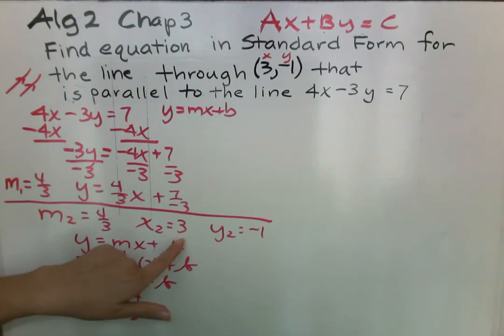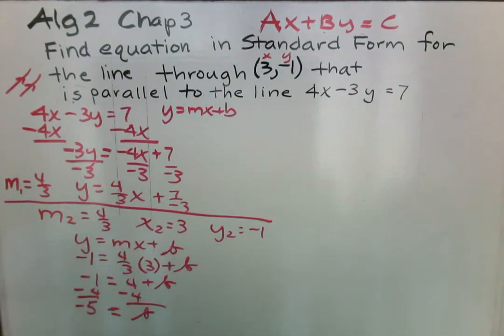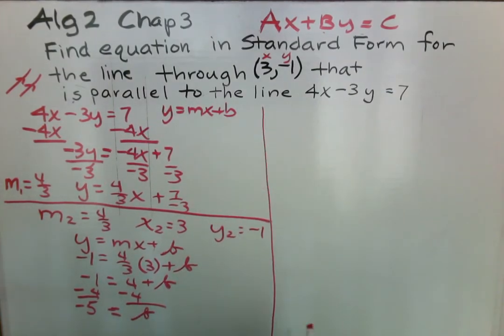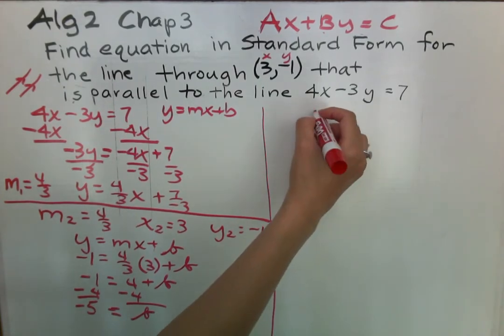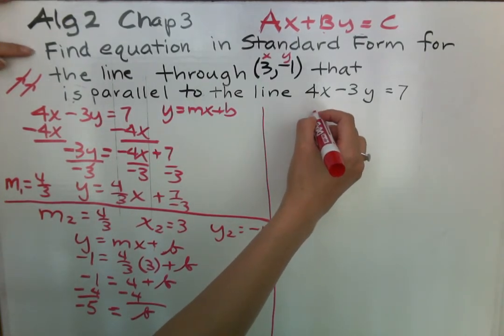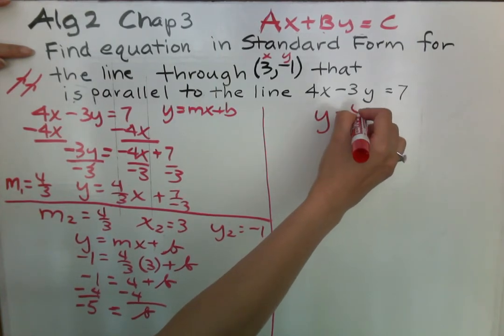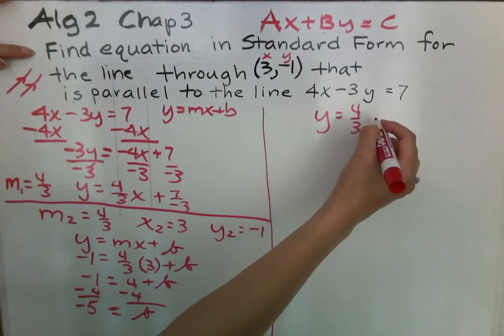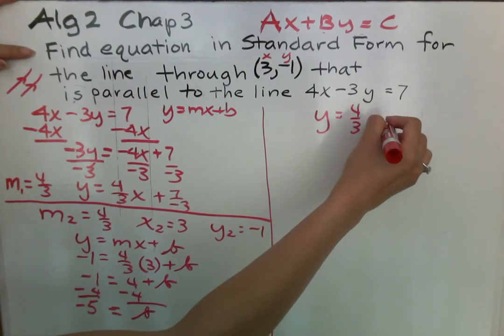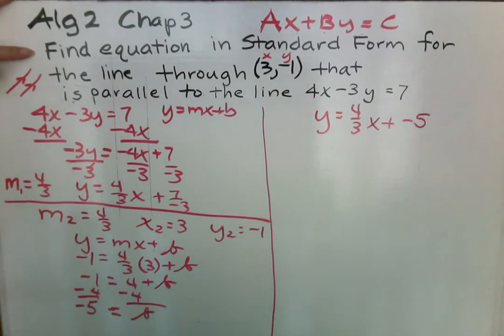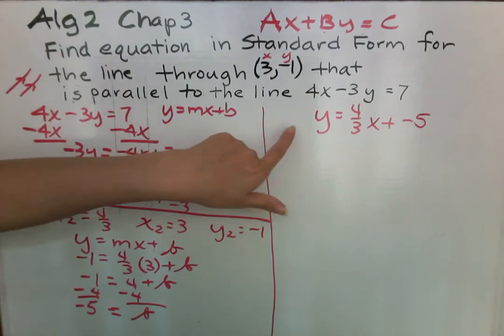The x is 3, the y is -1, and the slope is this. So let's take this up here and plug it into y equals mx plus b. y equals, the slope is still 4/3 for this second equation, x plus -5.